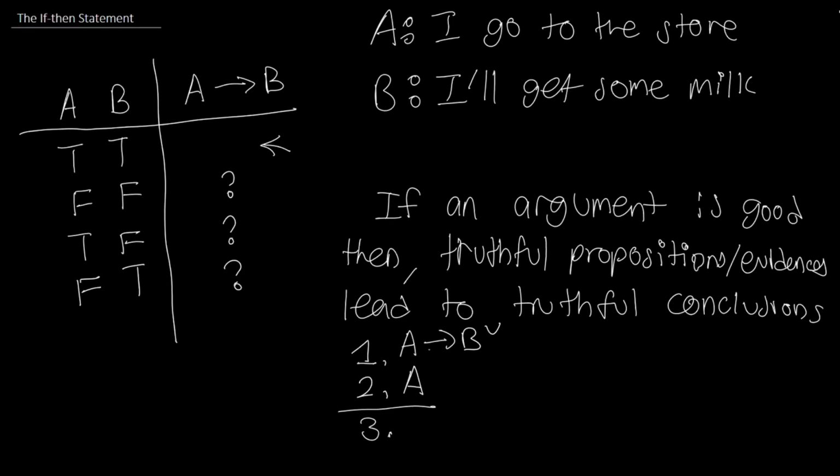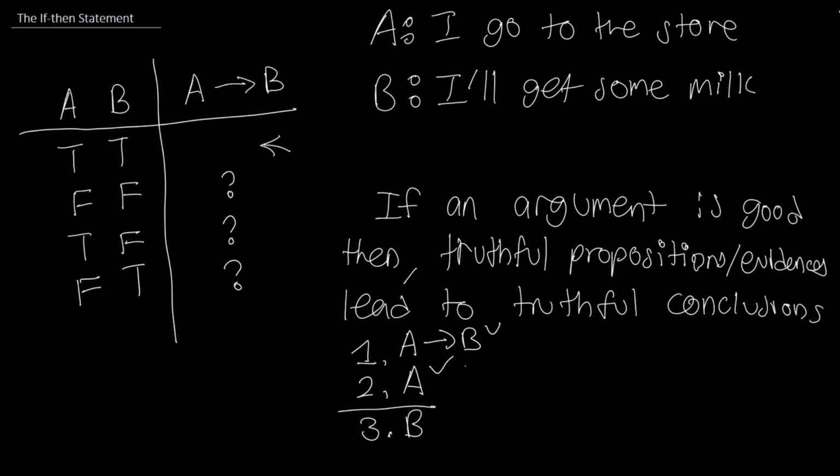So what do you do as a detective? What can you conclude out of this? If I go to the store, then I'll get some milk. I went to the store, therefore I am going to get some milk. That's the answer. And I'm sure 100% of you got that right. It's not too difficult.